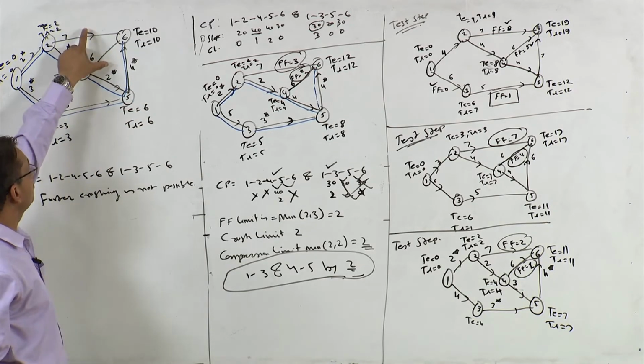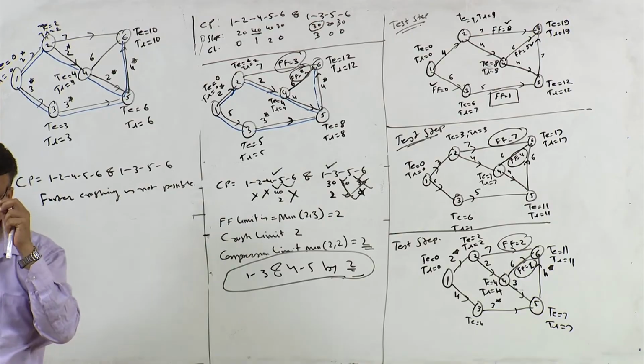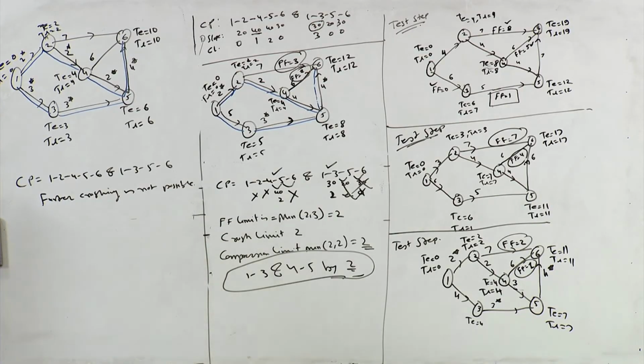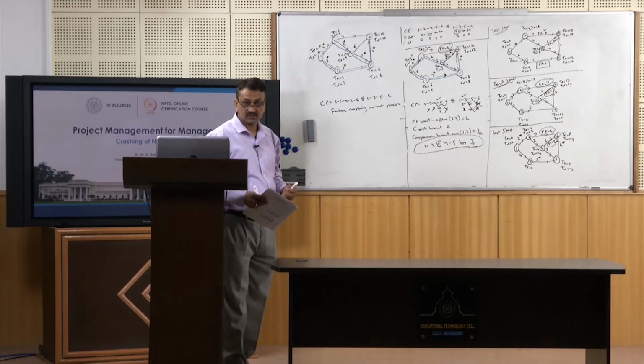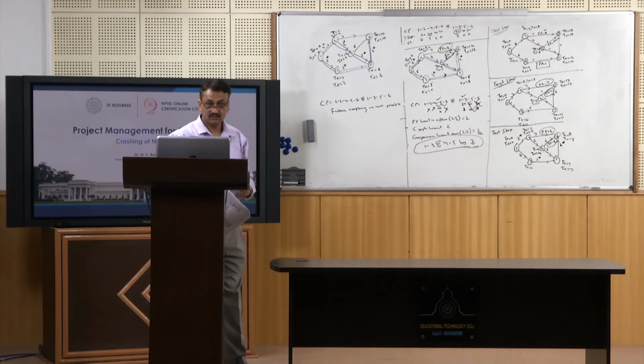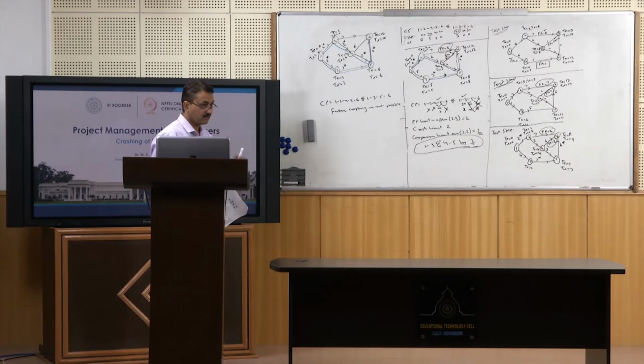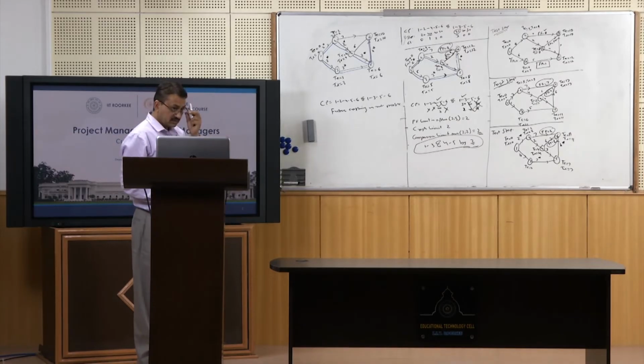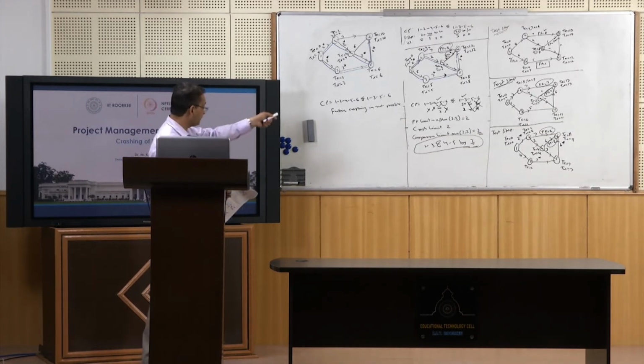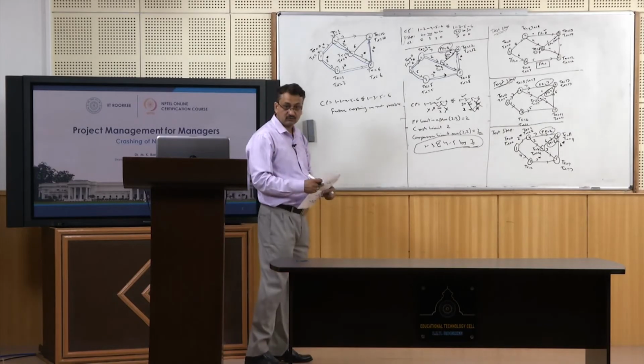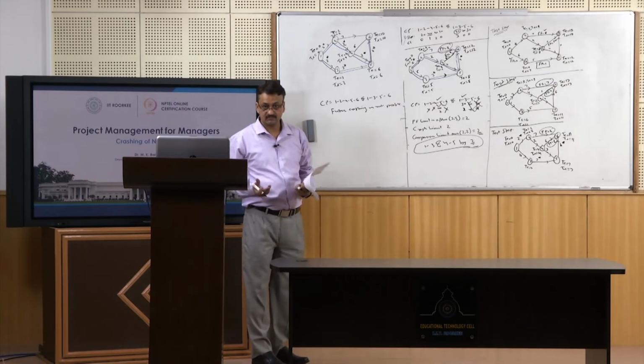As far as these two activities are concerned, you cannot reduce duration of the project by reducing duration of non-critical activity. So with this we complete this question, but let us find out what is the final solution.